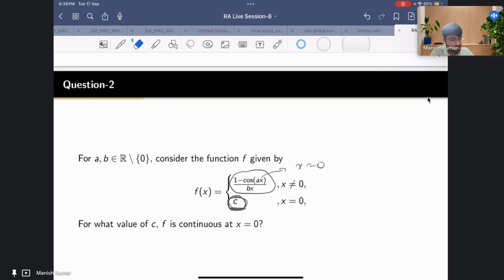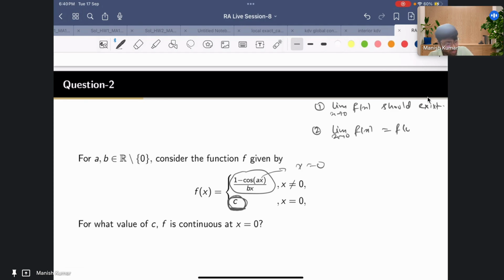So what does continuity mean? The first thing is that limit x going to 0 f of x should exist. This is the first condition for continuity. The second condition is that limit x going to 0 f of x should be equal to f of 0. Now what is f of 0 here? It is c. So if you want this function to be continuous, first you have to show that this limit should exist.